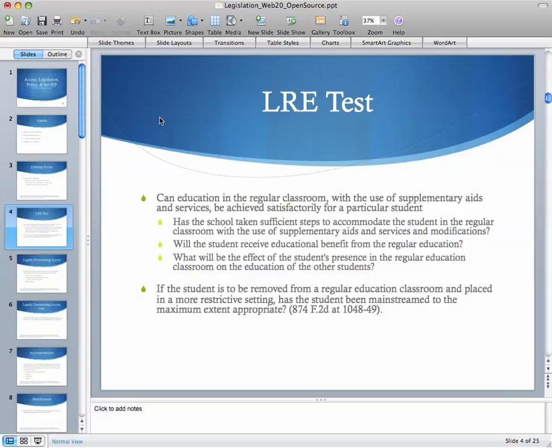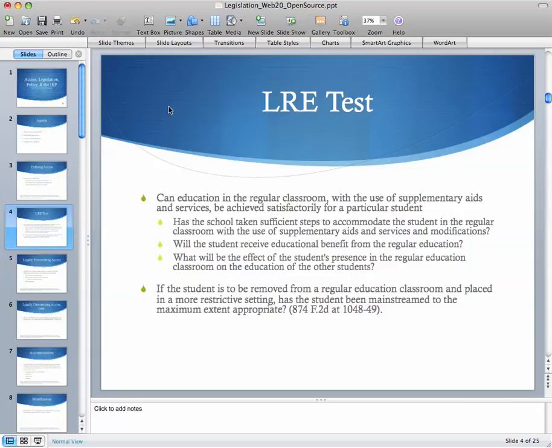Has the school taken sufficient steps to accommodate the student in the regular classroom with the use of supplementary aids, services, and modifications? Okay, so we know in the IEP that we address how the student accesses the regular classroom, and in doing that, how do we use aids, services, and modifications to assist the student?